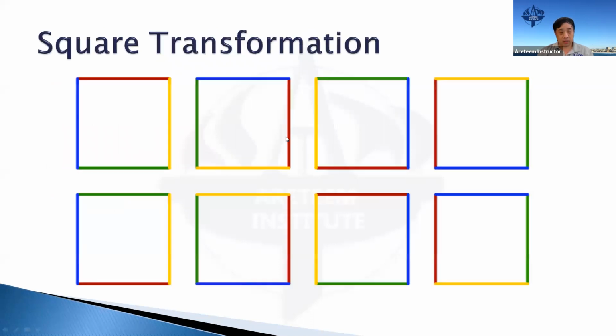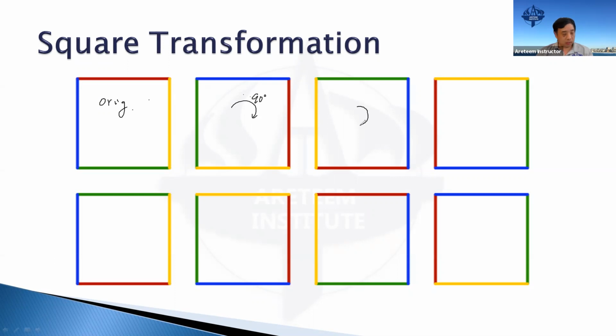Now let's go back to the transformations of a square. This time I put colors on the squares, to show what the rotations are. This is the original, and from the original to this is clockwise 90 degrees.